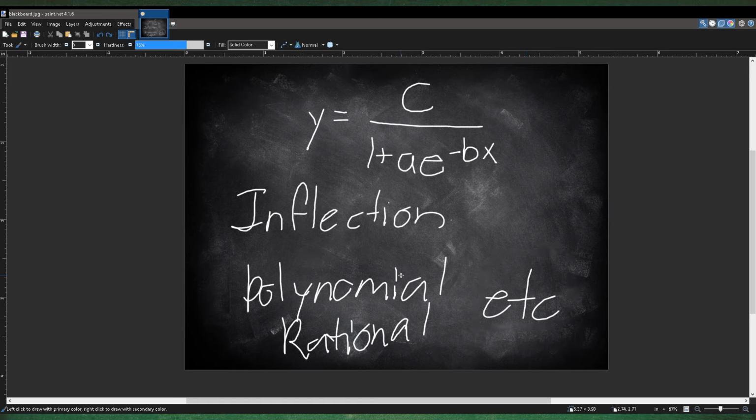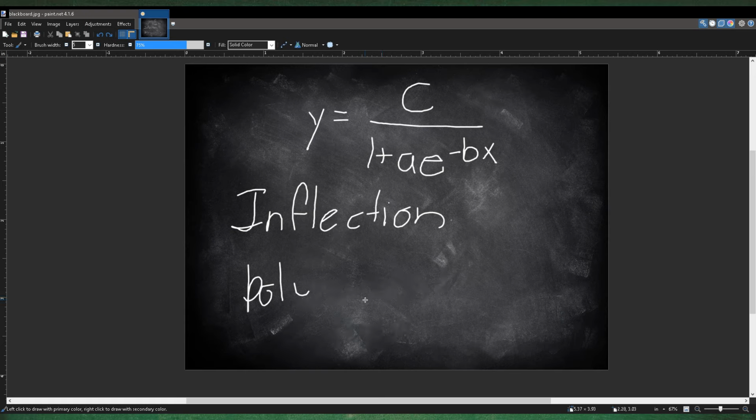But we're only going to focus on inflection points for logistic functions in this class, because rationals are more difficult and not as useful. For polynomials, inflection points will be covered in our future calculus class. So when those are released, you can look there. For our precalculus class, we're only going to learn inflection points for logistics.